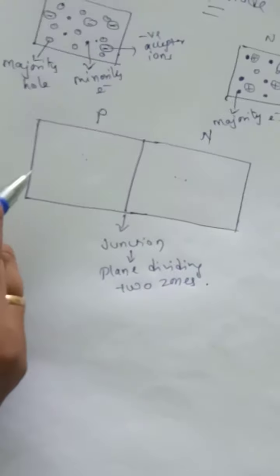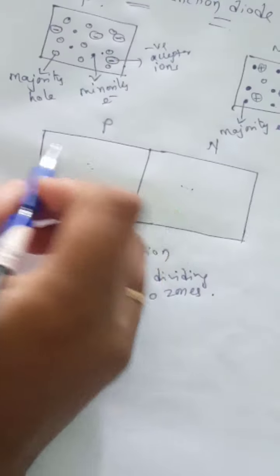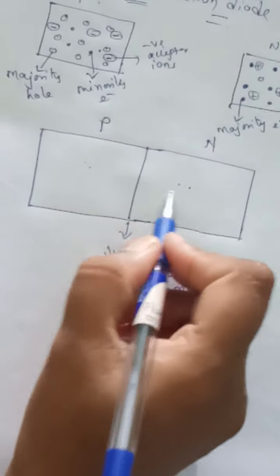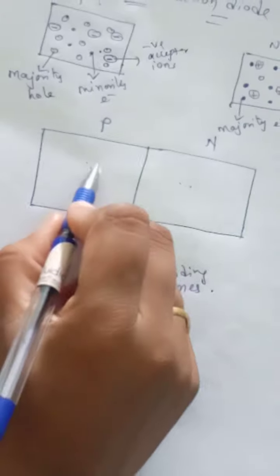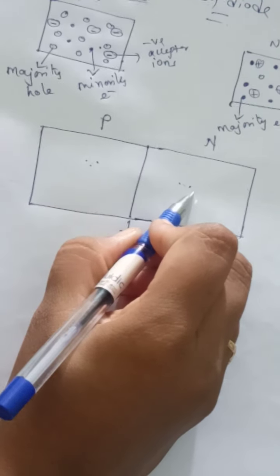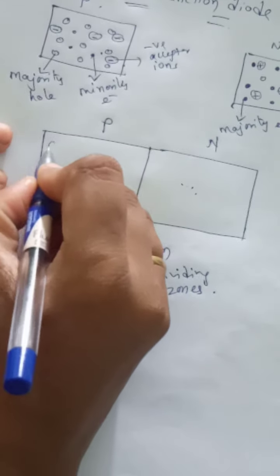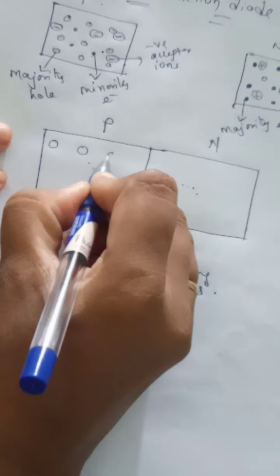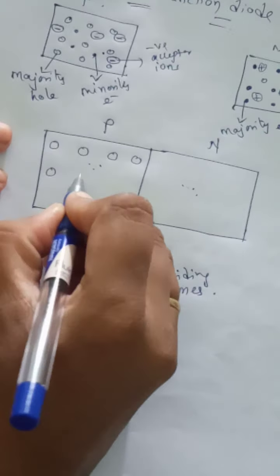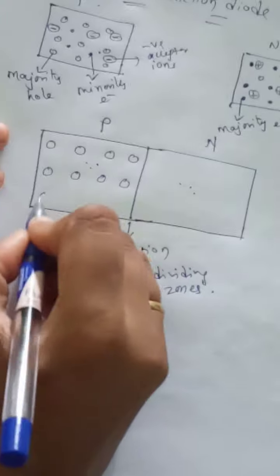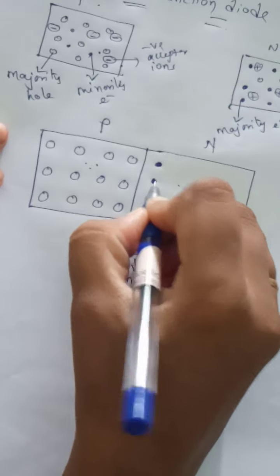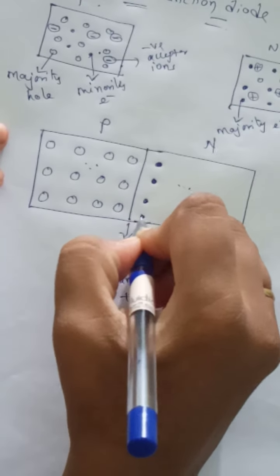Now let us see what is happening nearby the junction when p-type is joined with n-type. In p, we know that majority carriers are holes. In n-type, majority carriers are electrons.